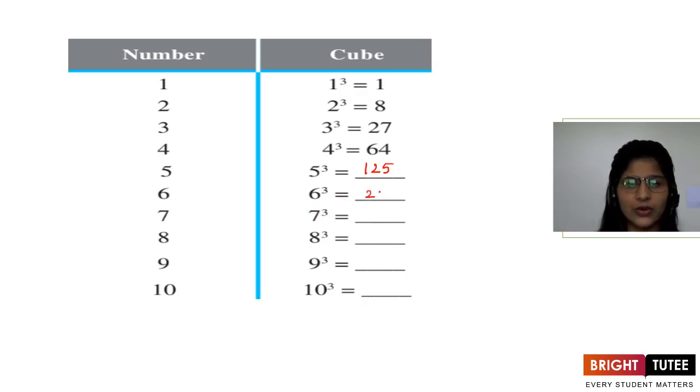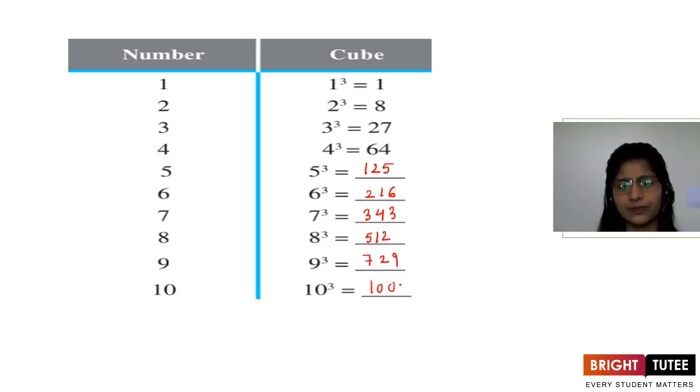We get 216. Now cube of 7 is 7 into 7 into 7 and that comes out as 343. Then cube of 8, that means 8 into 8 into 8, comes out as 512. The next one is 9. So cube of 9 is 9 into 9 into 9, that comes out as 729 and cube of 10 is 1000.